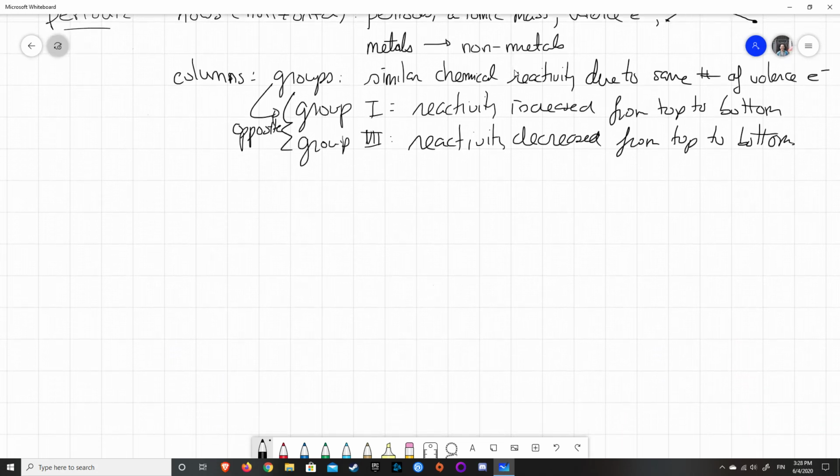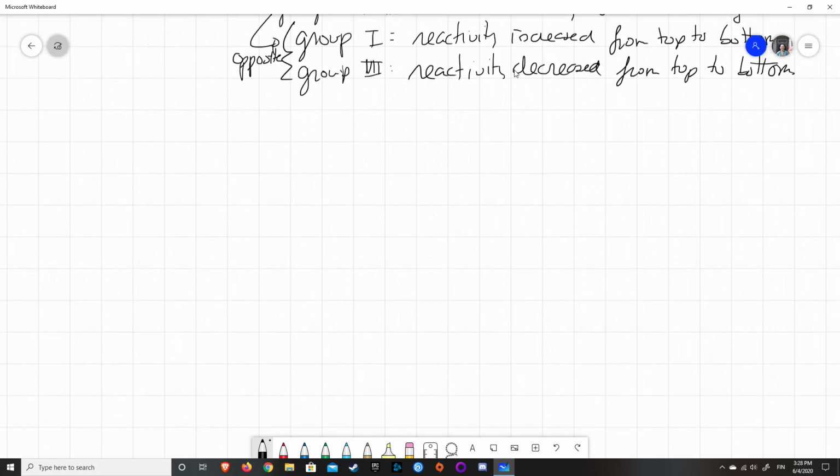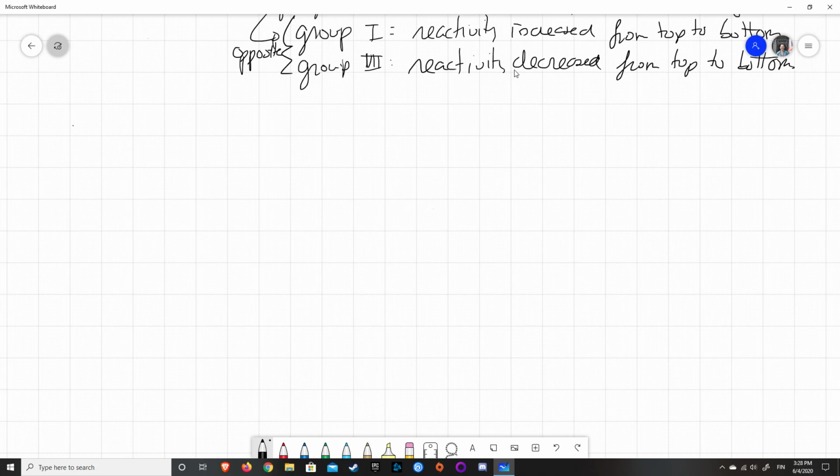So let's talk first about melting points and boiling points, MP and BP. What actually happens with melting points and boiling points is, if you can imagine, we've got these metals in a lattice structure.